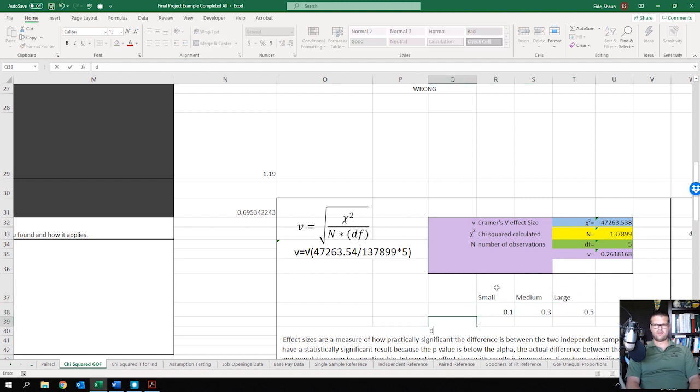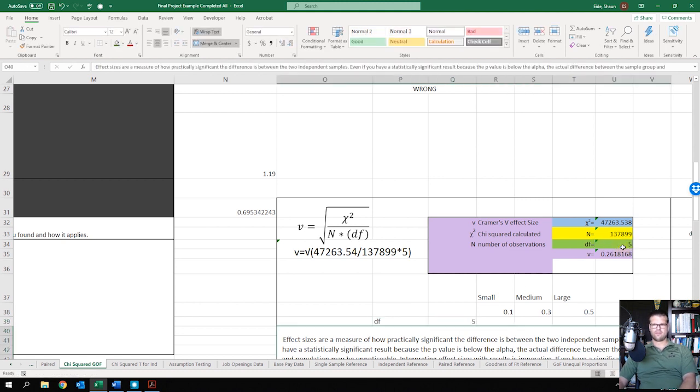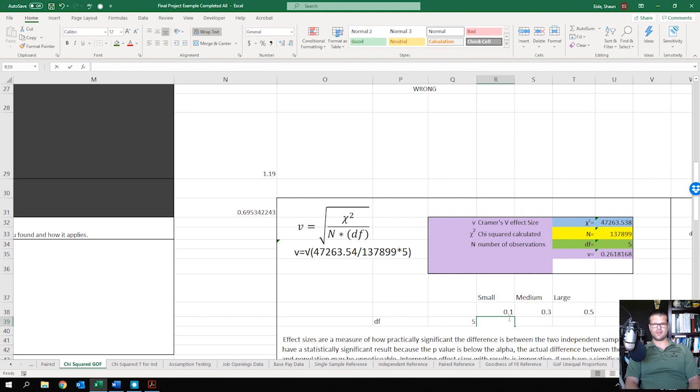And then we will have degrees of freedom equals degrees of freedom, and so it's going to be equals this divided by the square root of the degrees of freedom, which will tell us whether or not we have a small, medium, or large effect size.